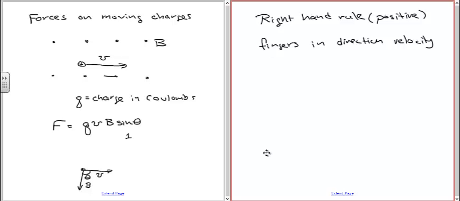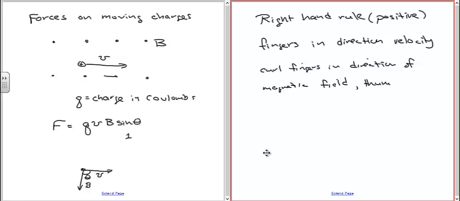For a positive charge, you put your fingers in the direction of velocity, then curl your fingers in the direction of the magnetic field, and your thumb is the direction of force.